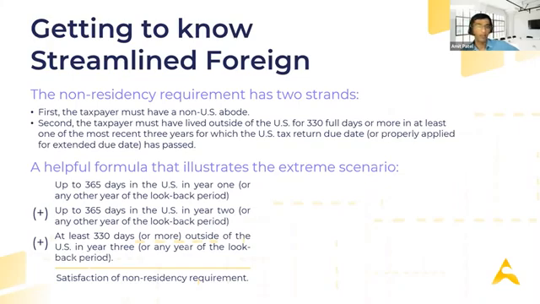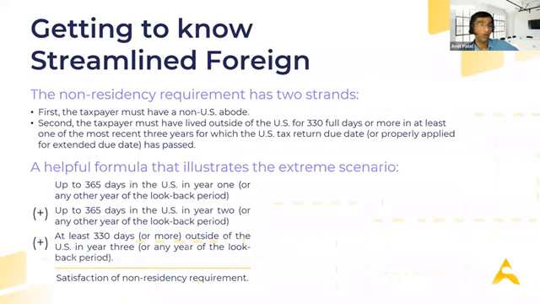So you are filing streamlined for 2021, 2020 and 2019. So take this example: you stayed in the US for 365 days in 2019, you stayed in the US for 365 days for 2020, and, sorry, the last one, you stayed outside the US for 330 days.